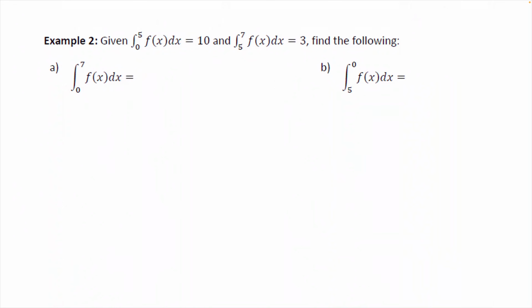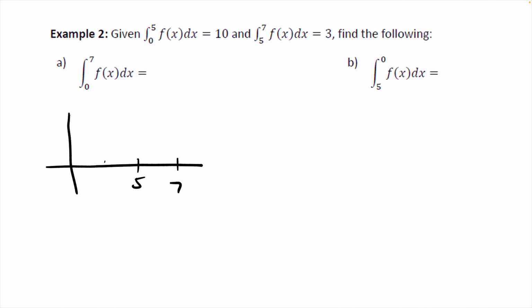So what do we do? Well, what do we got? 0, 5, 7. What they're saying is the area from 0 to 5 is 10. I'm making this up, so don't quote me on this. This is not to scale, but I'm just trying to give you a picture.